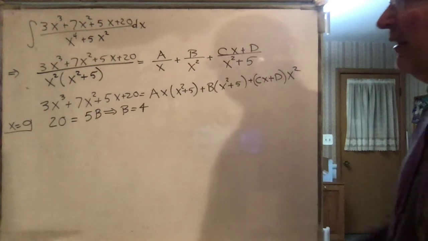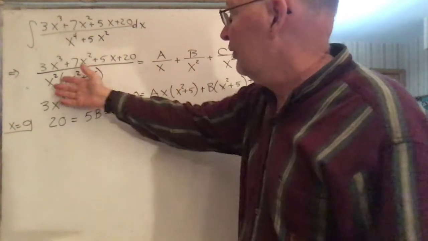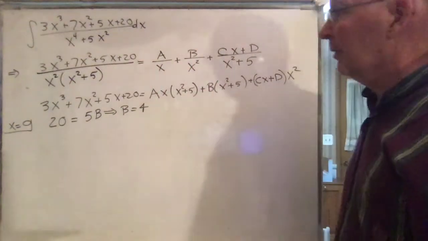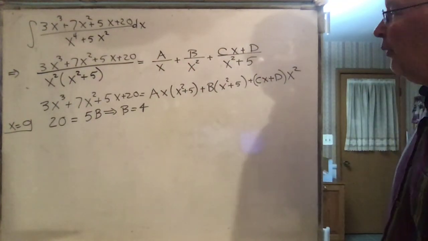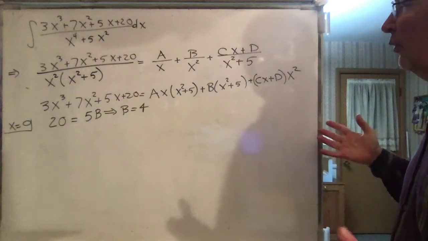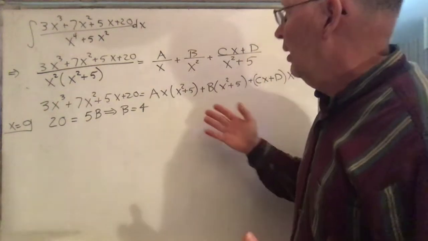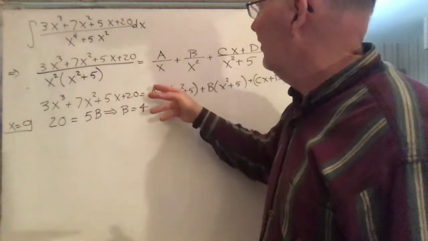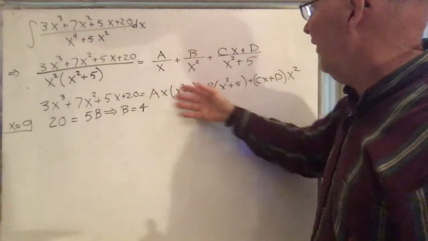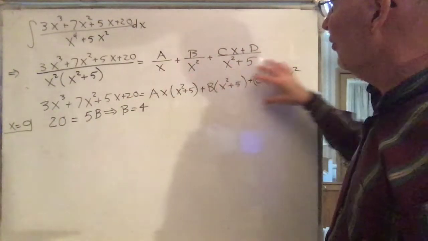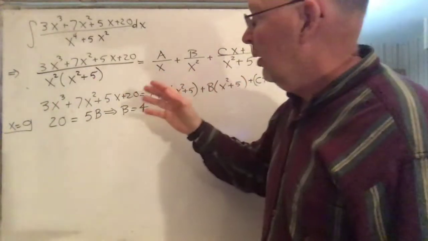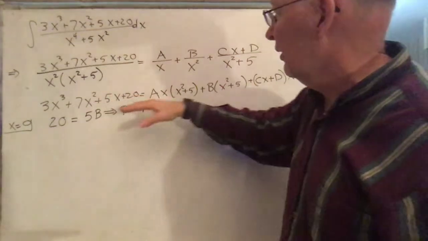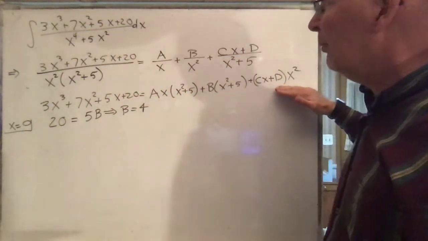Now, unfortunately, that's the only one that I can actually do the easy way by just sticking in a number. The other ones, and this is why I wanted to do this particular problem, I'm going to have to get by making use of this truism. This thing right here is equal to this thing. I'm finding a, b, c, and d so that this is always equal to this, which means that whatever powers are over here, the exact same powers have to be over here.